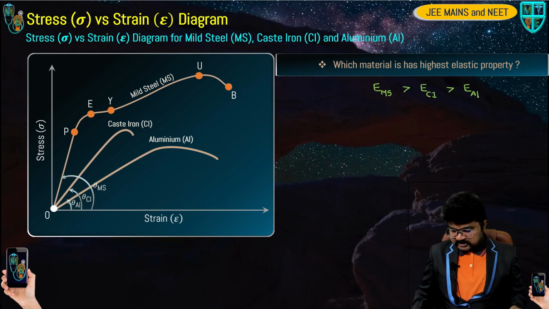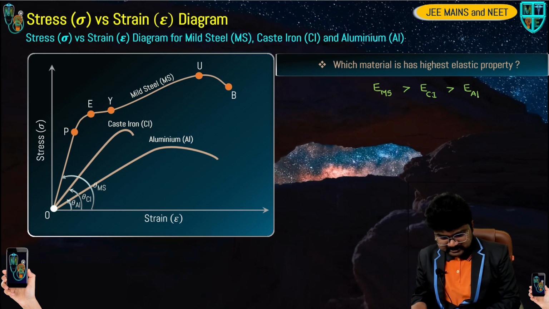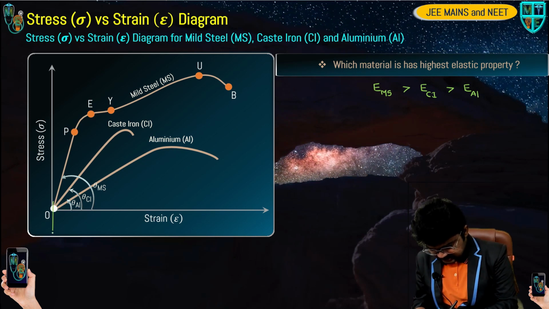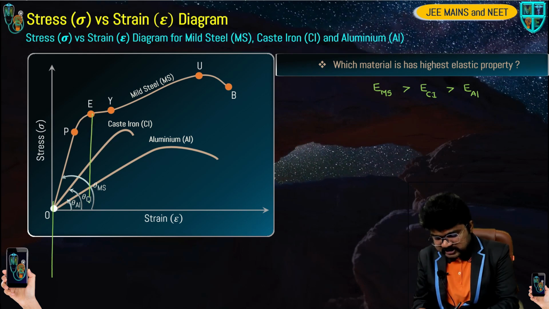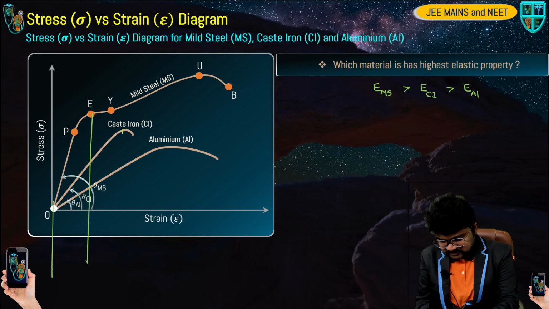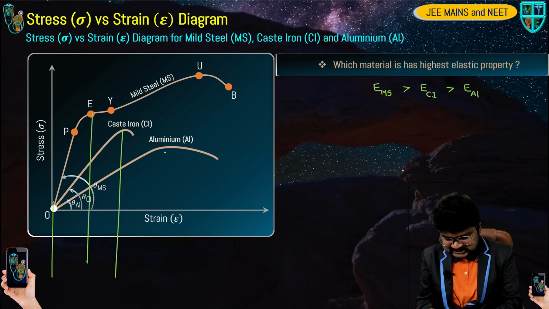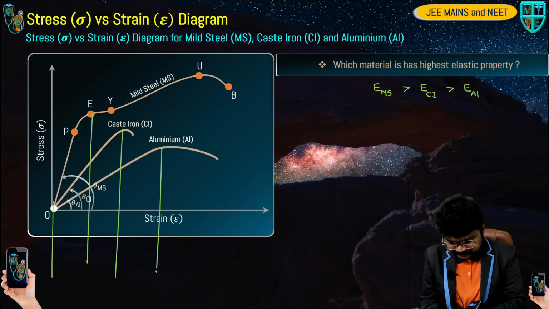And one more thing I want to write again. From here to here, the deformation up to the elastic limit is called elastic deformation of the material.